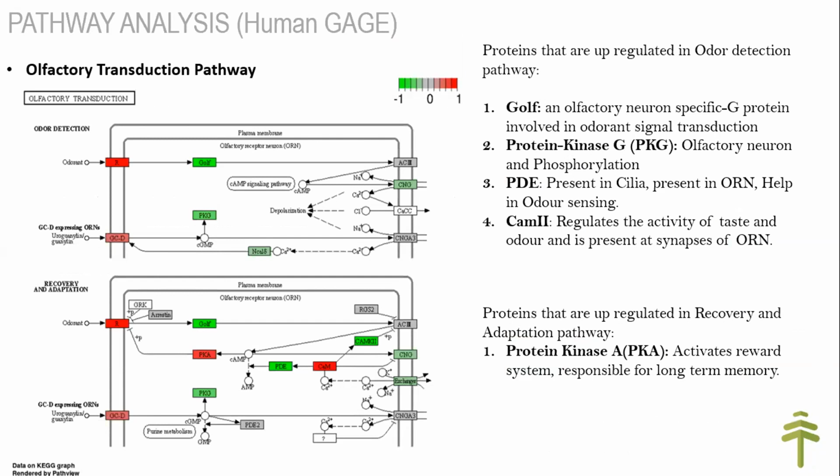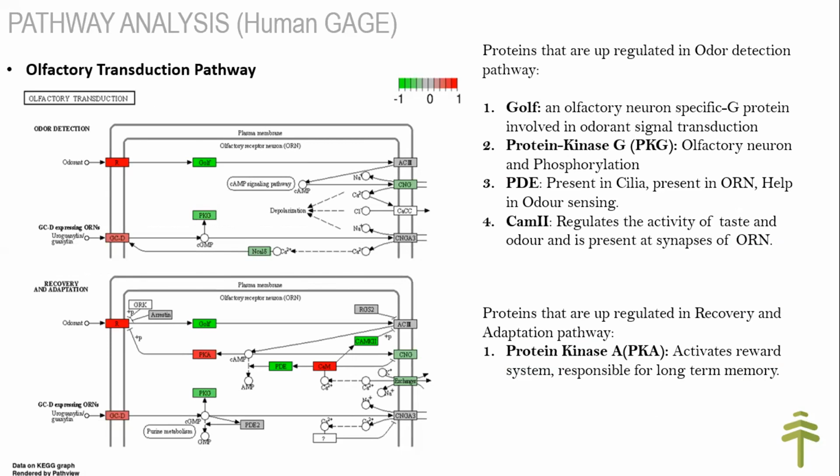After selecting upregulated and downregulated genes and my significant genes, I did pathway analysis using the HumanGauge pipeline on the TBioInfo server. The top two pathways that I got were, first, the olfactory transduction pathway, and second, the hematopoietic stem cell lineage pathway.